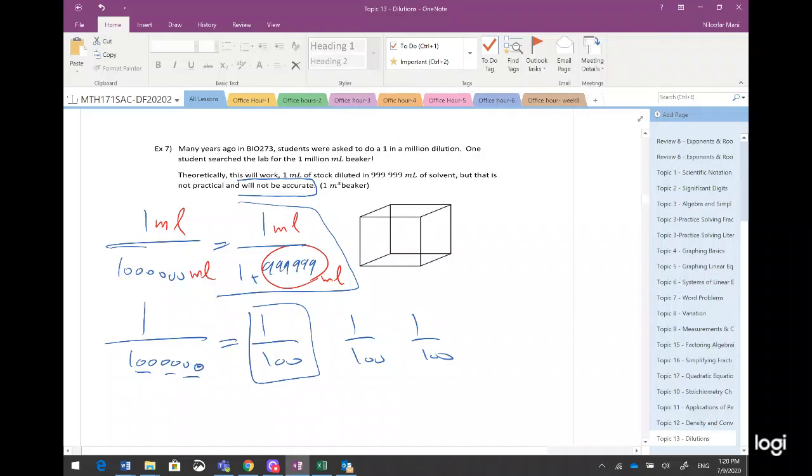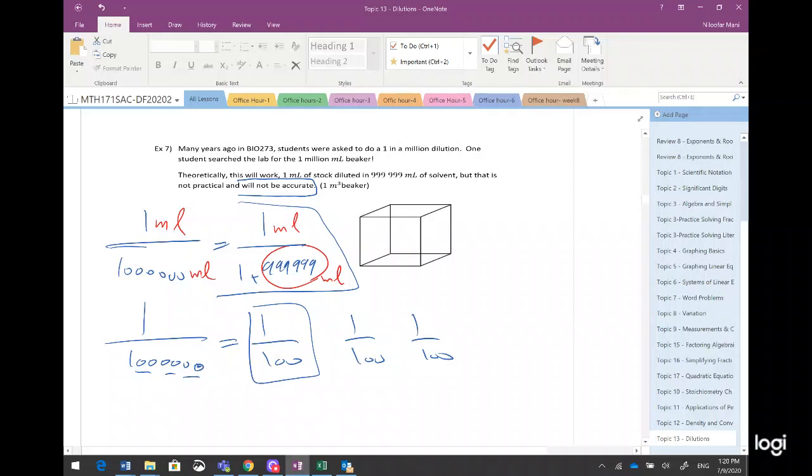If you want to do 1 to 1 million, the same as what we did so far, you want to do 1 milliliter over 1 million milliliter, which is 1 milliliter over 1 plus 999,999 milliliter. This is not really practical, and it's not really accurate. I don't think it's really feasible to do that.